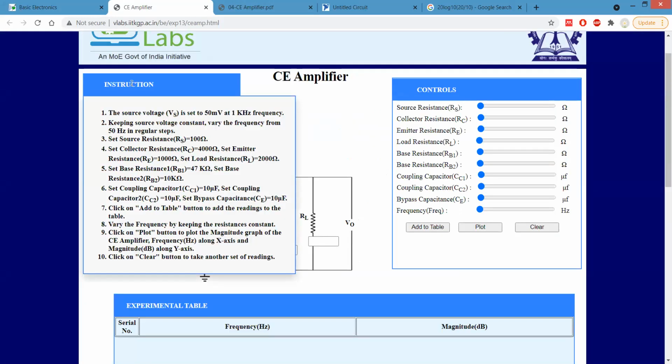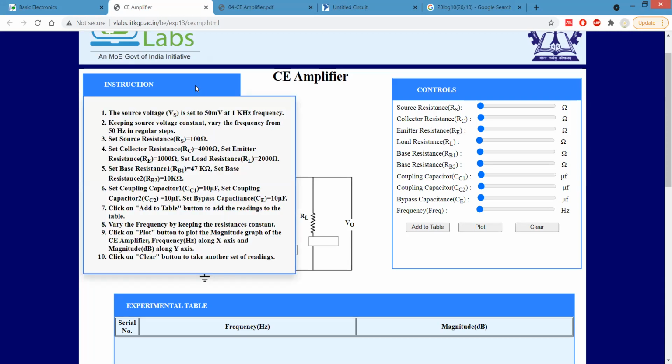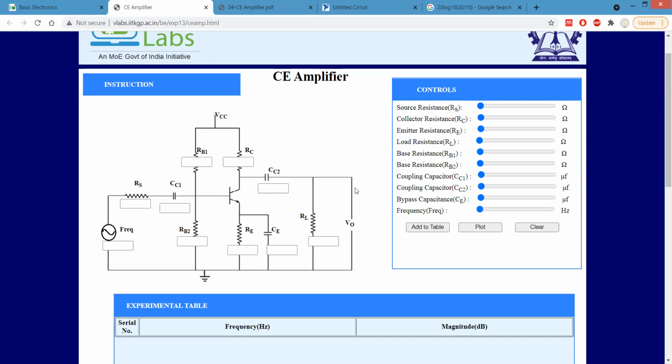So we have to keep the source at 50 millivolt, 1 kilohertz, but the frequency we can change. Keeping the source voltage constant, vary the frequency from 50 hertz in regular steps. Okay, so let's change the amplitude of that source to 50 millivolt.